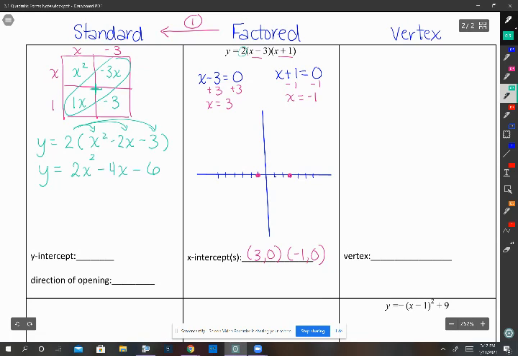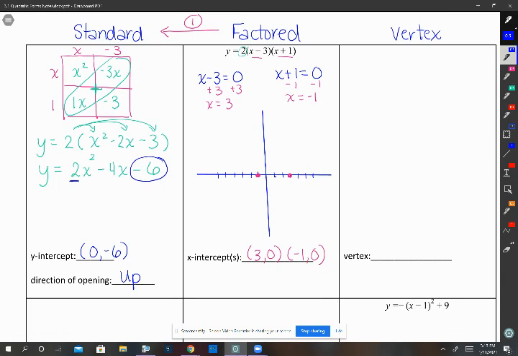And so from here, we know a couple things. We know that our y-intercept is our last number. So our y-intercept is going to be the point 0, -6. And we know that because this a value is positive, it opens up. So if I wanted to, again, I could graph those two pieces right now.